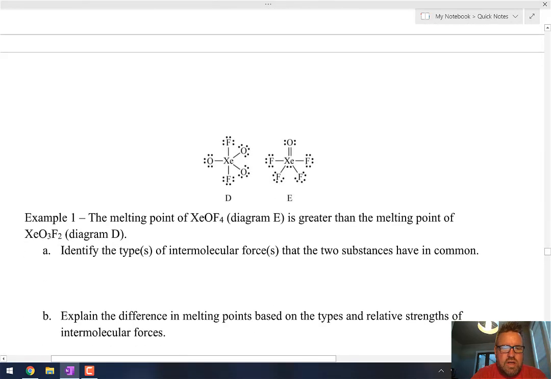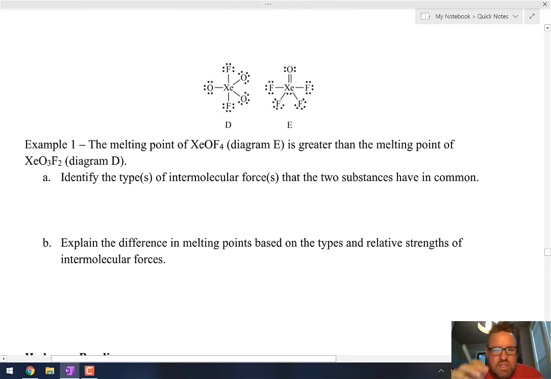Let's talk about an example of this. It says the melting point of XeOF4, diagram E, this one here, is greater than the melting point of XeO3F2. Identify the types of intermolecular forces that the two substances have in common.